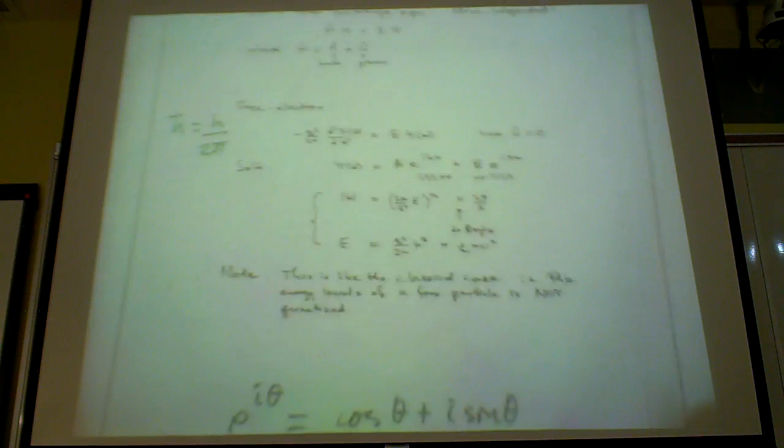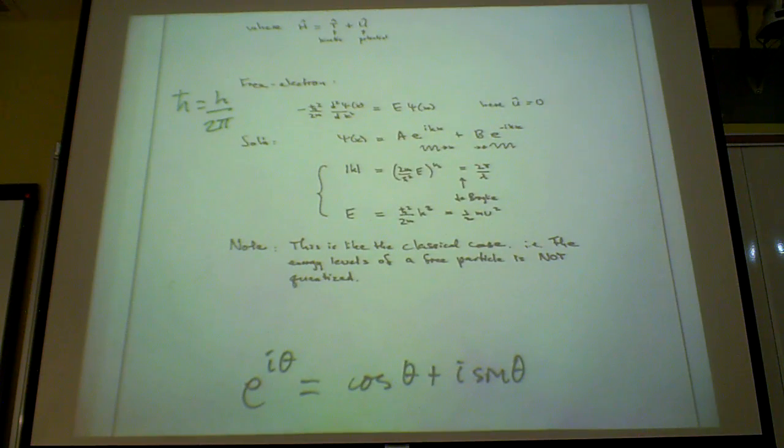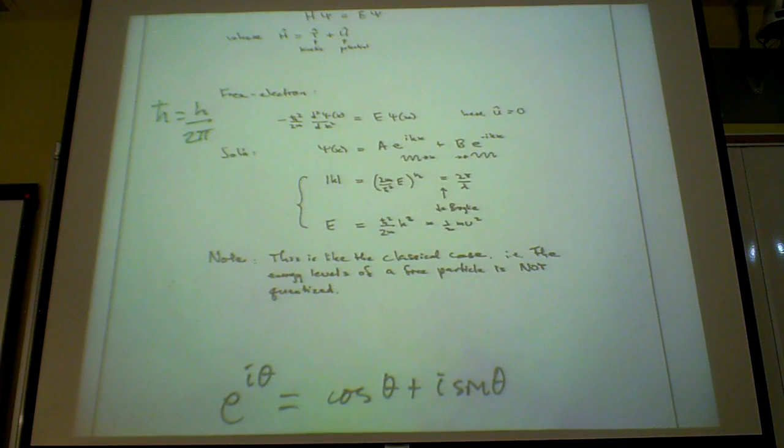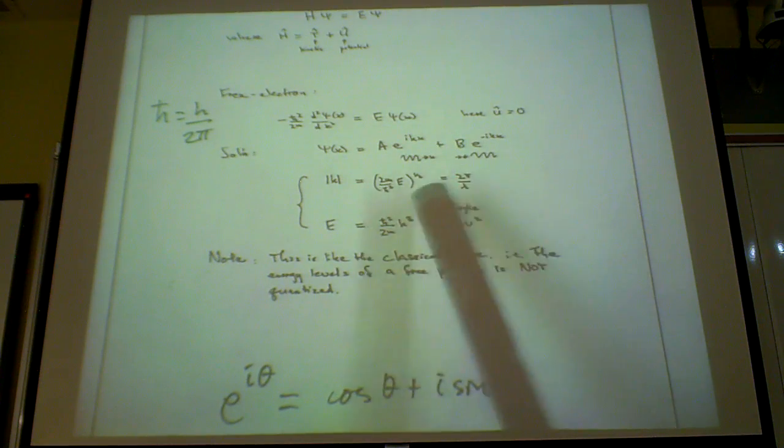This is what you can expand by the so-called Euler equation. So this is just shorthand. Think of it as a plane wave because they are sinusoidal waves moving across your space in this k direction, right?